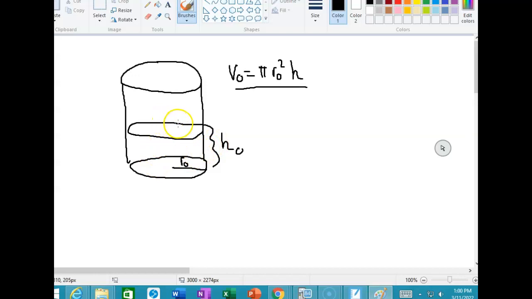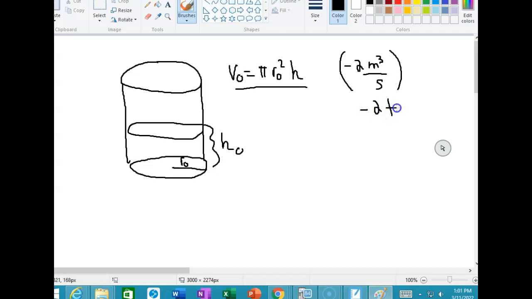It could be anything. And then you might get some information about, let's say, the volume or the height. Let's say you got information about the volume, like the volume is going down at 2 meters cubed per second. You need to understand that if you are going down at 2 meters cubed per second, the amount of volume you'd be losing every second would be minus 2t.